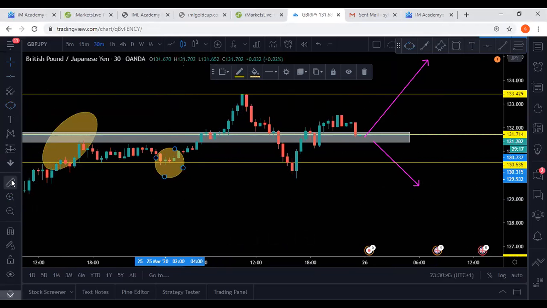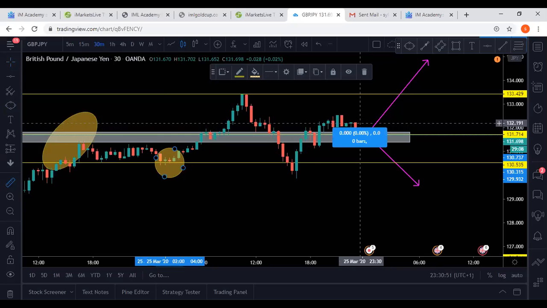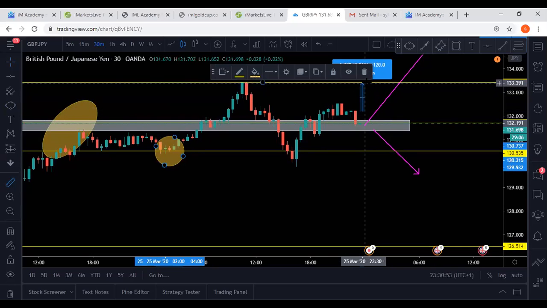Now let me calculate how many pips. Let's say for instance, if the next candle closes out here and I enter here, from here to here, that's about 118 points.